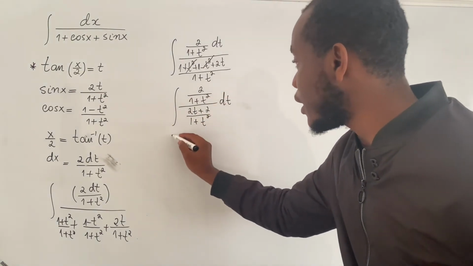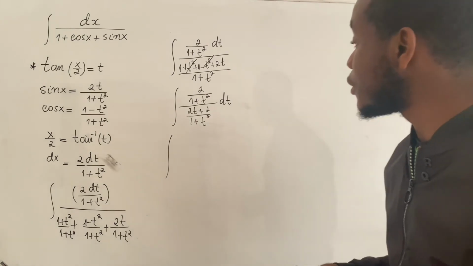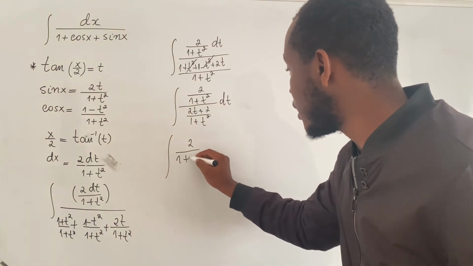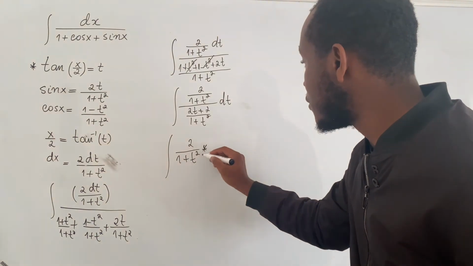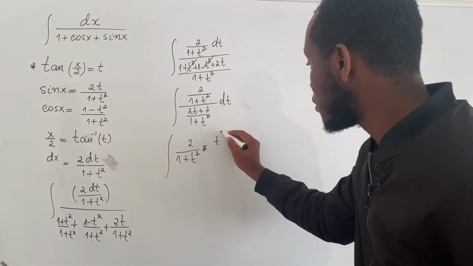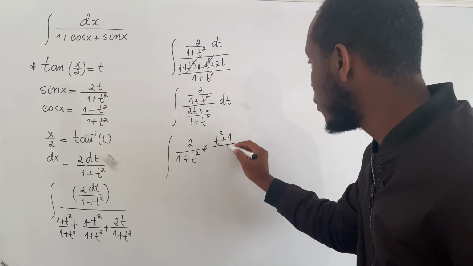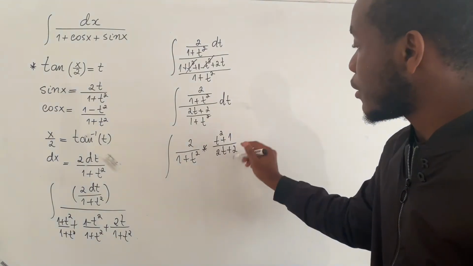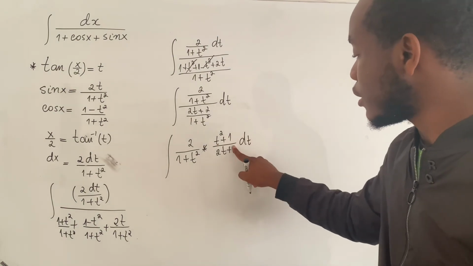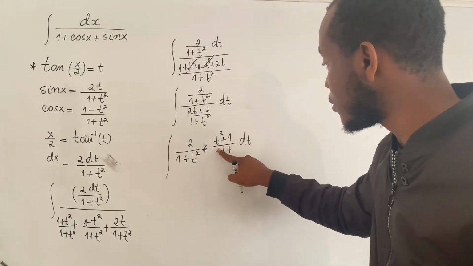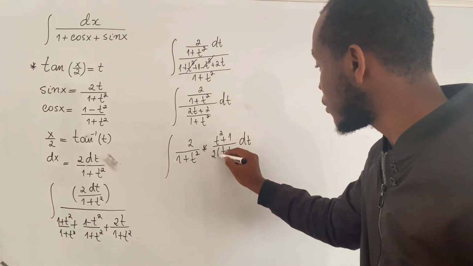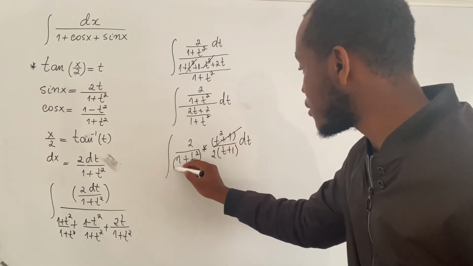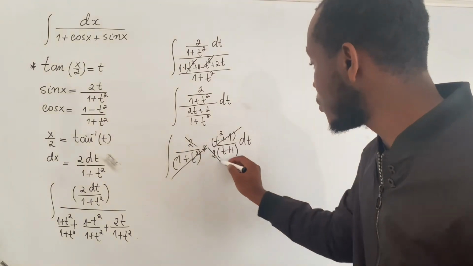So expression dividing itself in maths means keeping the first fraction and multiplying it by the inverse of the second one. So t squared plus 1 over 2t plus 2. We can factorize 2 here, so we have 2 and 1 here. This 2 simplifies with this 2.